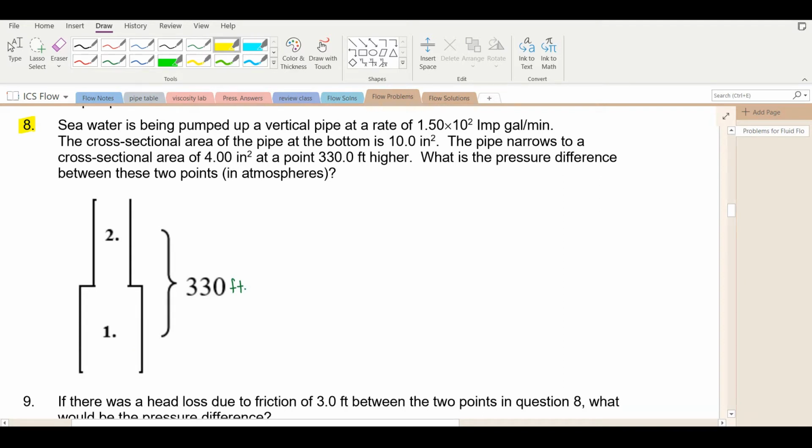And that's an increase in kinetic energy, and that's not for free. If the kinetic energy is increasing, that means some other form of energy is decreasing across this distance, and so that must be the pressure. The pressure must be dropping owing to the increase in velocity. And so that means we'll have to use the full form of Bernoulli's equation to solve this.